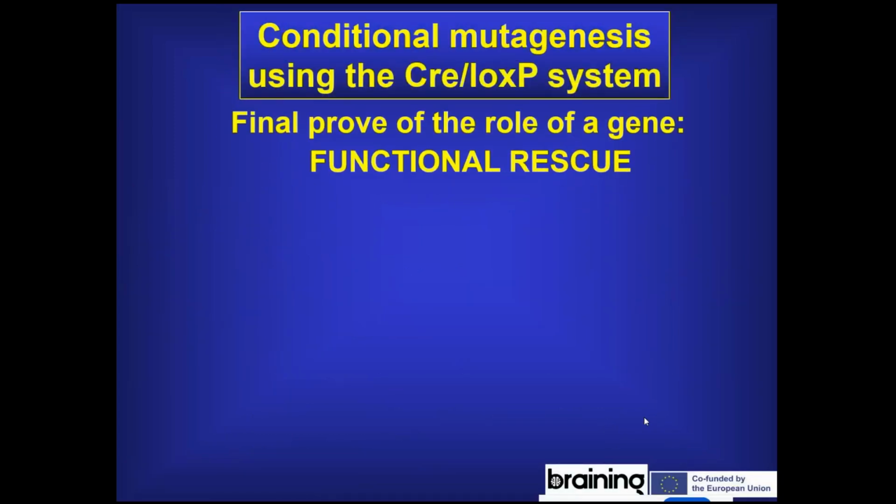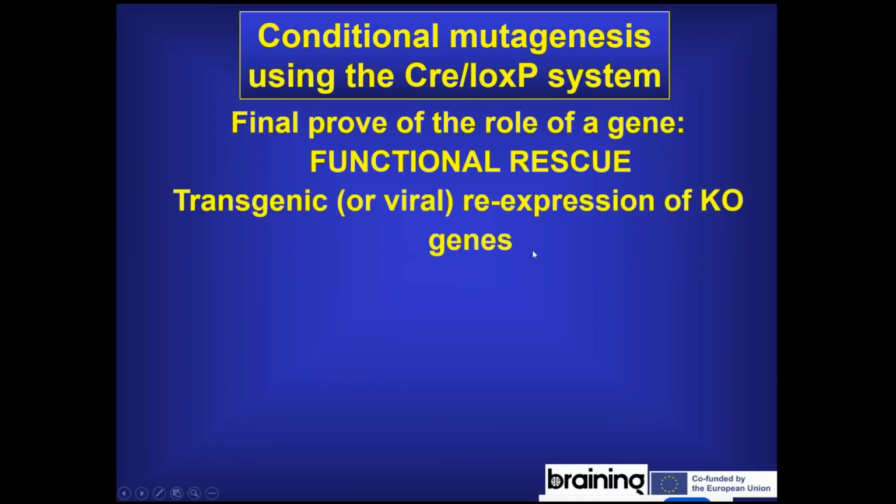And then the final proof. As I said, so far we did a functional deletion of genes. But now there is also another way for the final proof of the role of a given gene, which is the functional rescue. What people normally do for functional rescue is transgenic or viral expression of genes in their knockout animals.